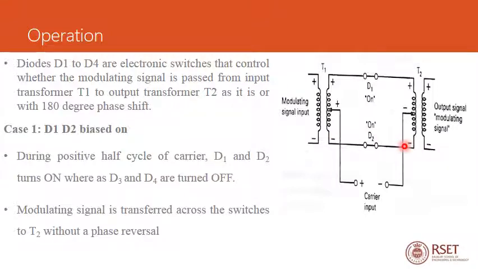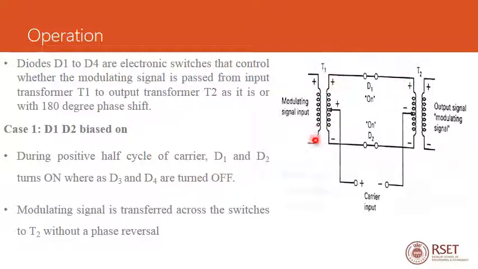Because of the carrier polarity, the diodes D1 and D2 are forward biased and act as closed switches, while the diodes D3 and D4 are reverse biased and act like open switches.